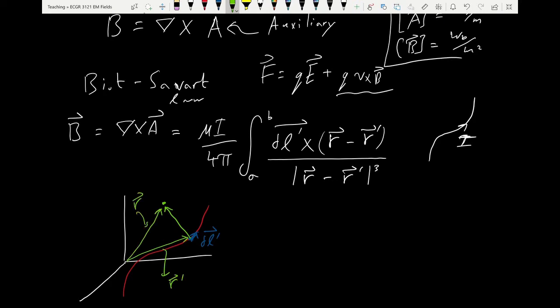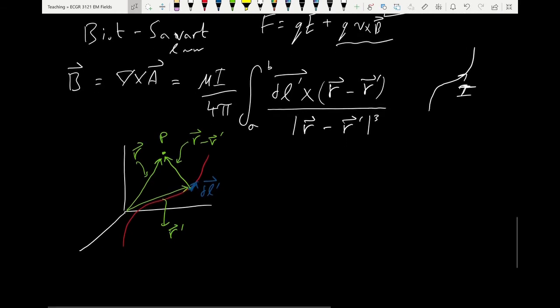This is R, and this is R minus R prime. This is the setup, right? And this is the point in space where I'm interested in calculating the field. So this is a graphical representation of the setup of the Biot-Savart law.